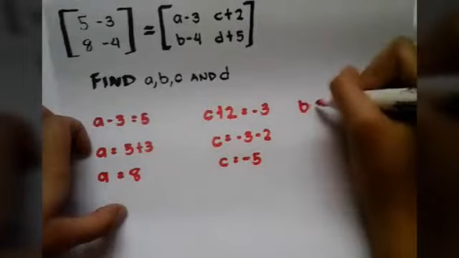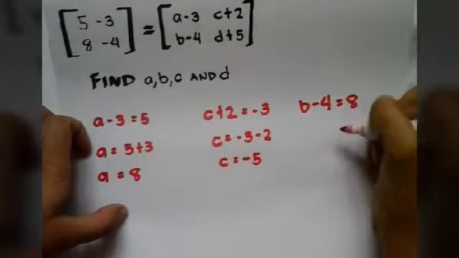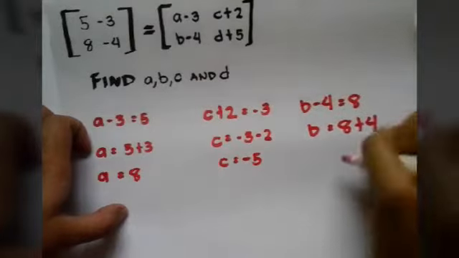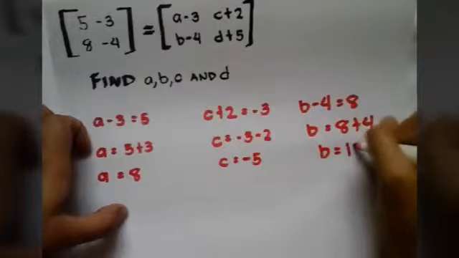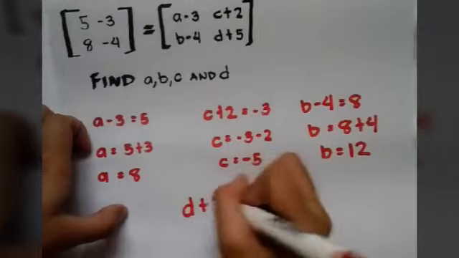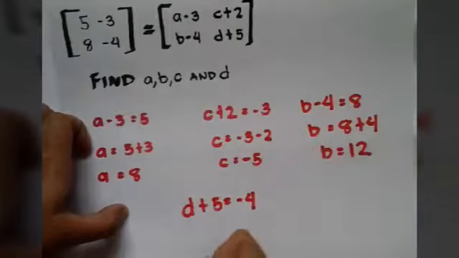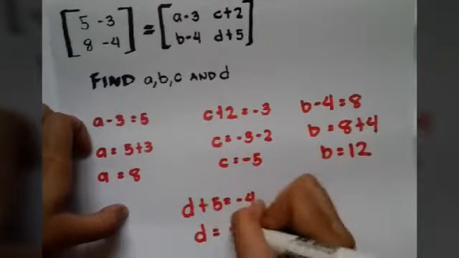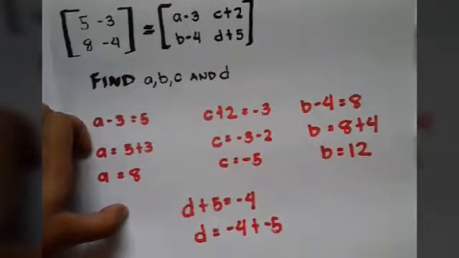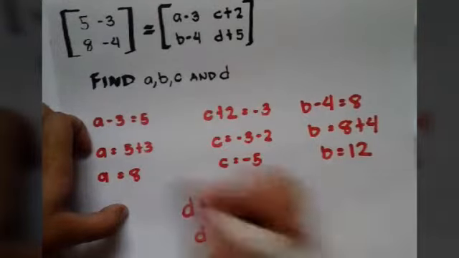And if B minus 4 is equal to 8, this will be B is equal to 8 plus 4. So, B is equal to 12. And lastly, if D plus 5 is equal to negative 4, this will be D is equal to negative 4 plus negative 5. So, the value of D is equal to negative 9.